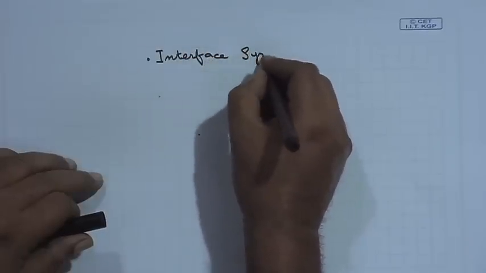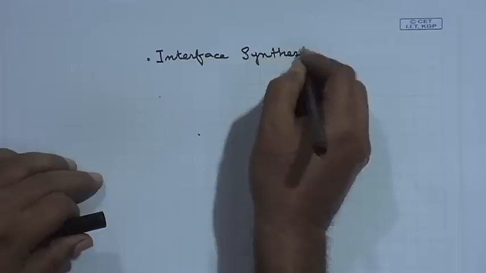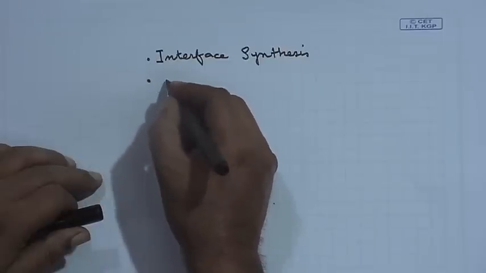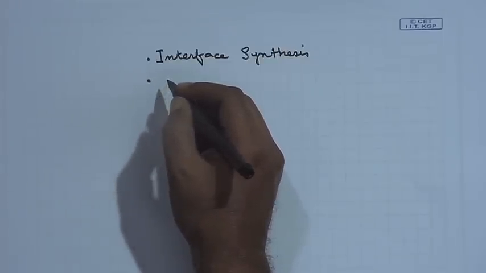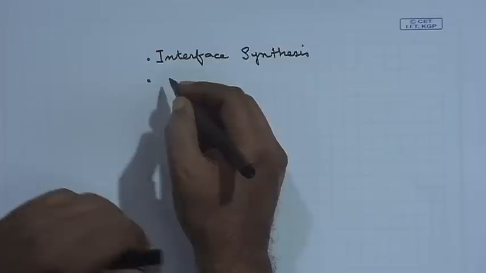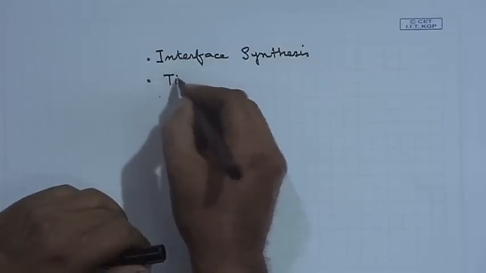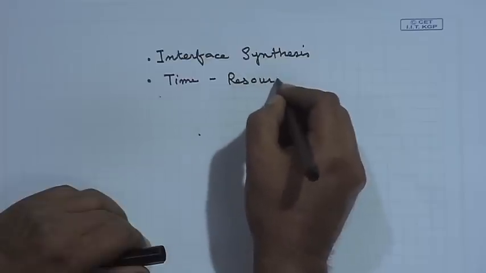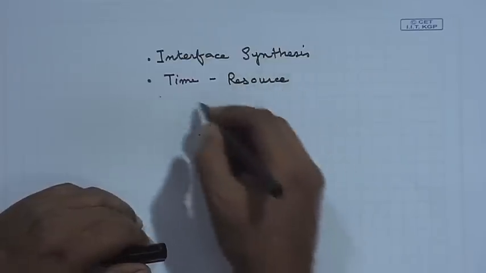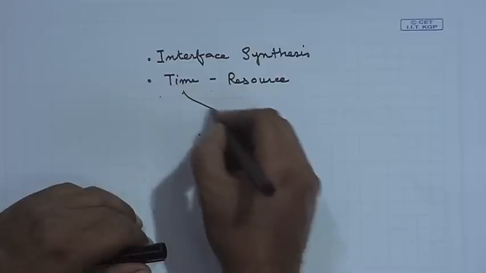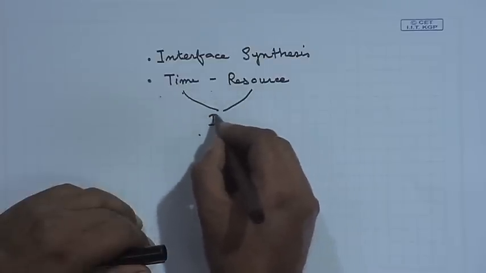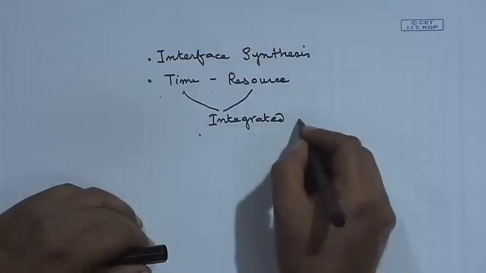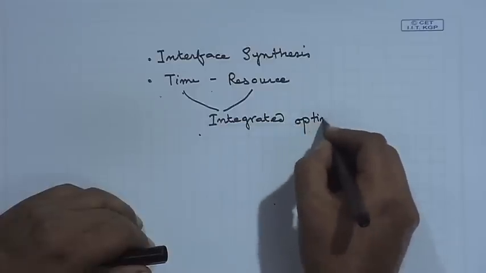In the same way, you can see how the channels and the ports are allocated. Interface synthesis is there. I have not done, see, this is a classic optimization problem where the time and resource conflicts are always there, and so integrated optimization is a very important issue.